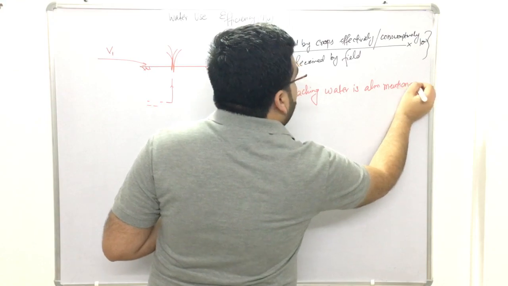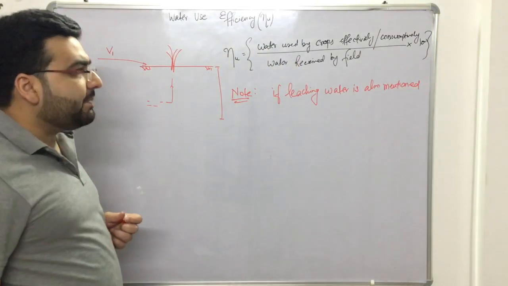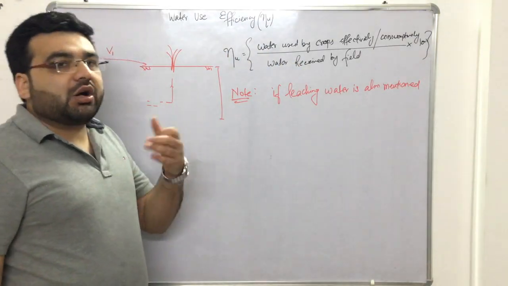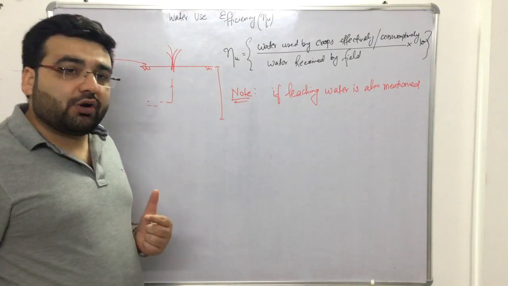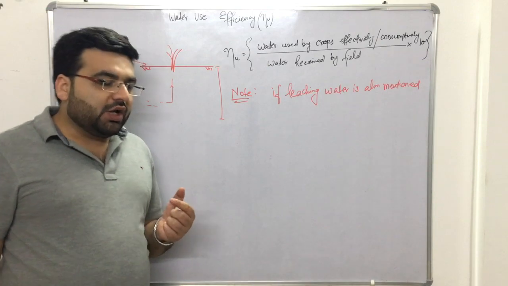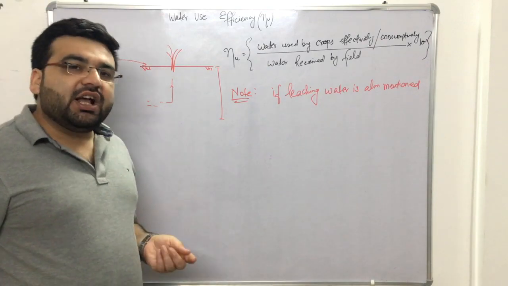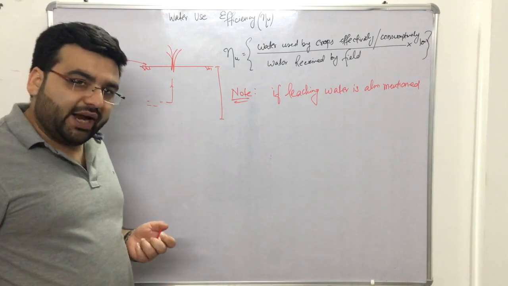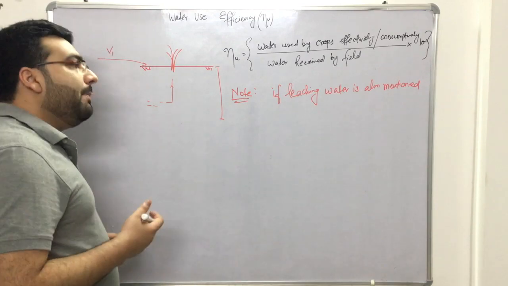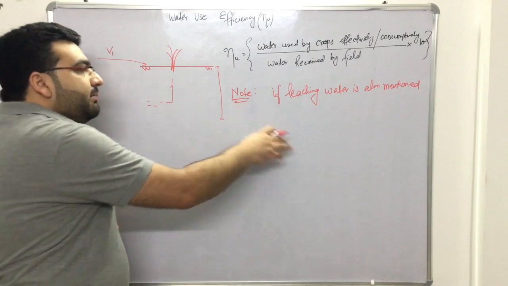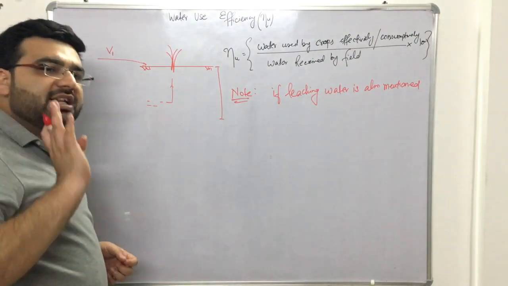Now what is this leaching water? In subsequent chapters I will be explaining in detail what leaching is. Leaching is basically a method of reclamation of soil. I told you that if you do irrigation extensively, the soil pores can get choked and the soil can become infertile. So to overcome these drawbacks of irrigation, there is one method known as leaching. We will be discussing it, okay?